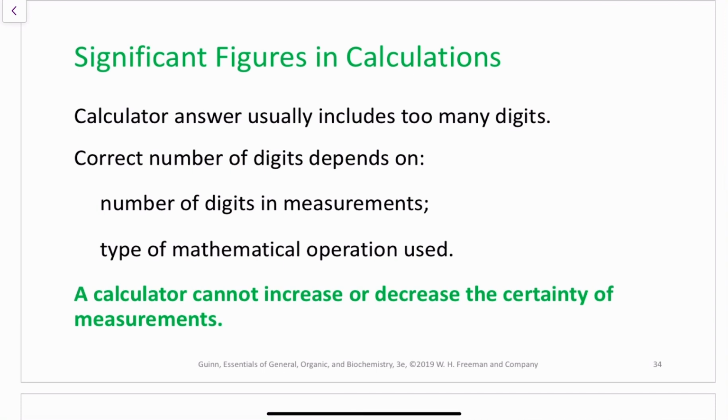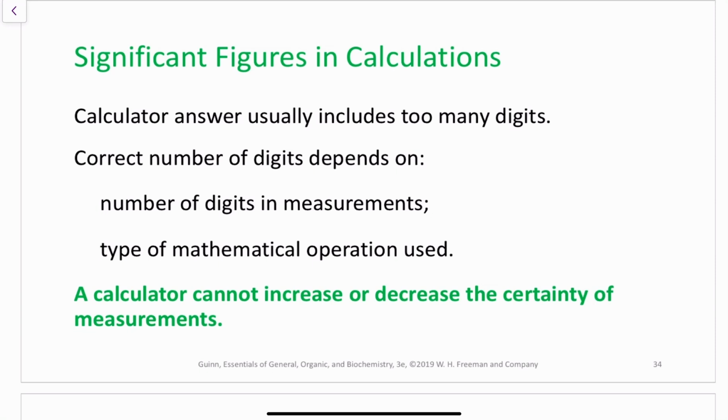Now let's talk about the calculation with significant figures. Whenever we measure anything, we can do many mathematical operations on those numbers. We can multiply, divide, add, and subtract them.